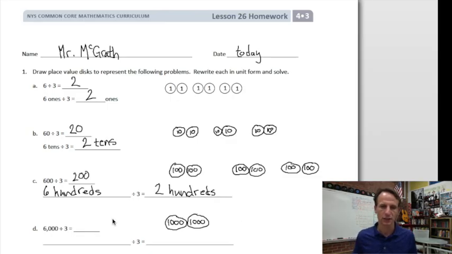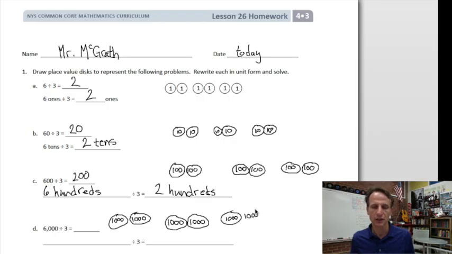I'm going to put a group over here. 1,000, 1,000. And then the third group, 1,000, 1,000. I already know what the answer is because it's the same as this.